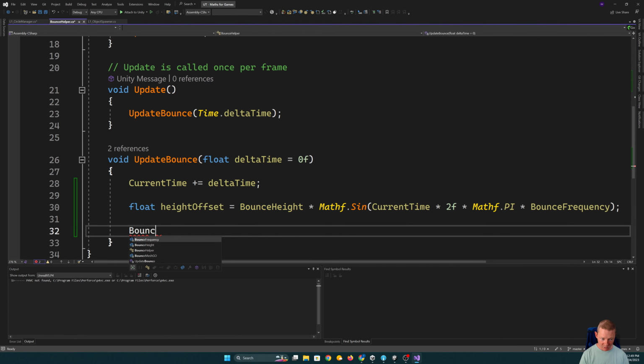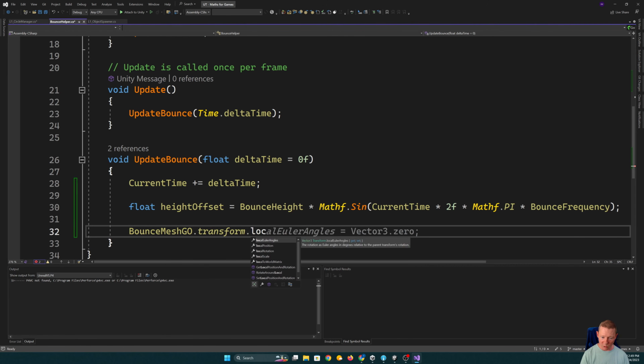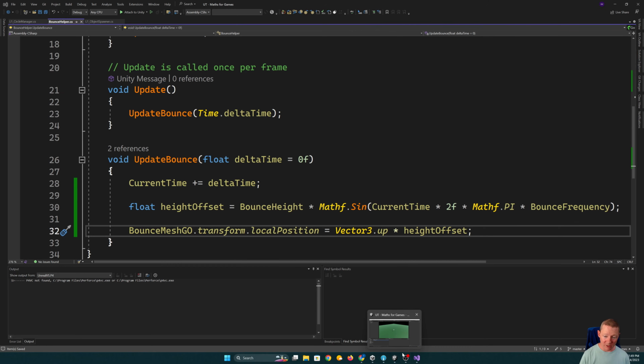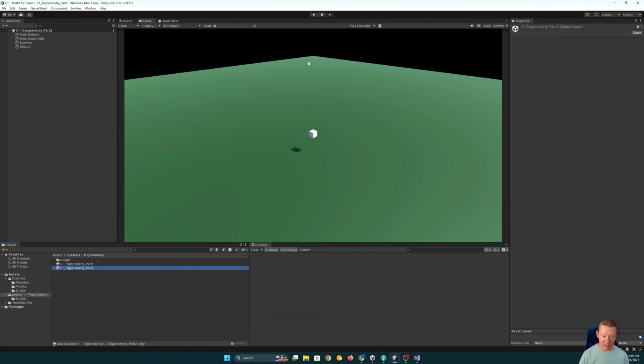And then I can just go, well, bounce mesh game object, and I can set its transform local position to a Vector3.up by the height offset.